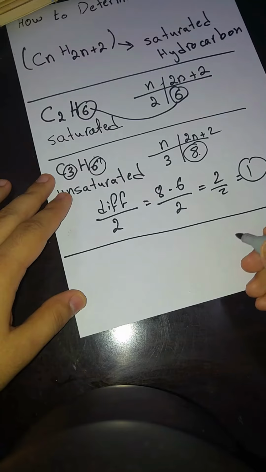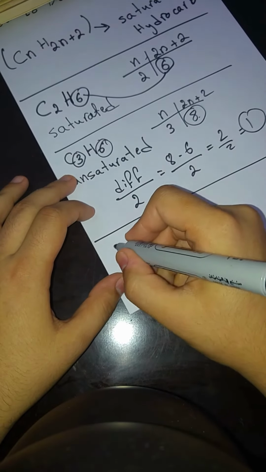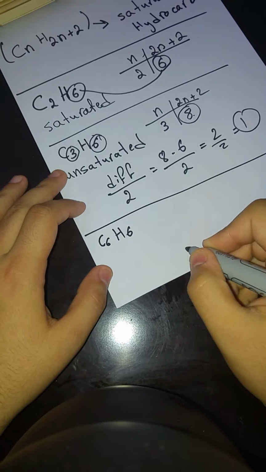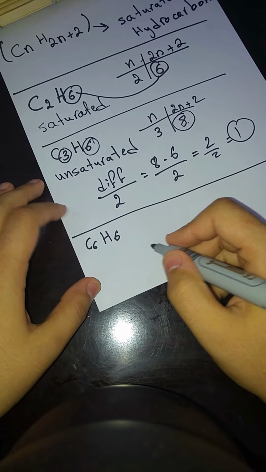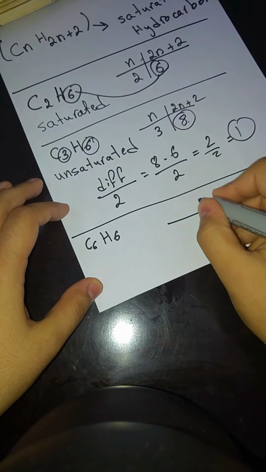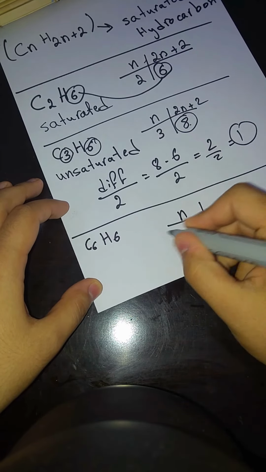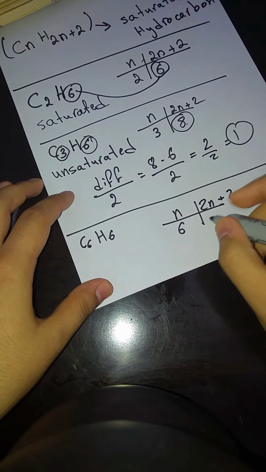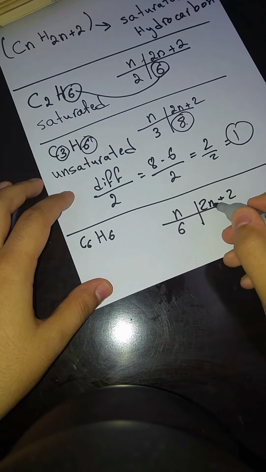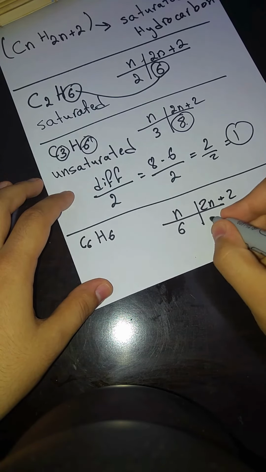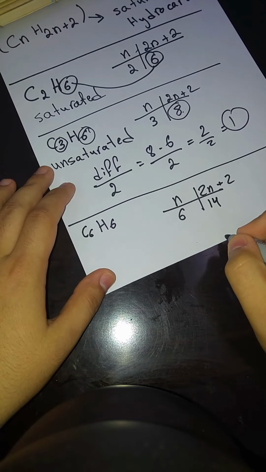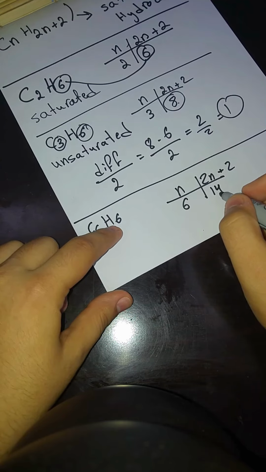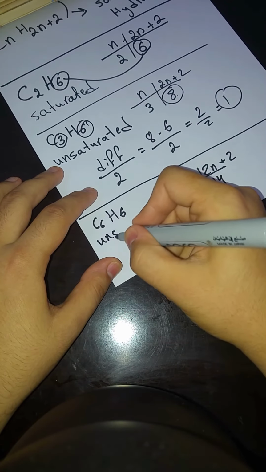Let's take another example. How about C6H6? Here n is 6. 2n plus 2 is 2 times 6, which is 12, plus 2, 14. Then 14 right here differs from 6, so this one is unsaturated.